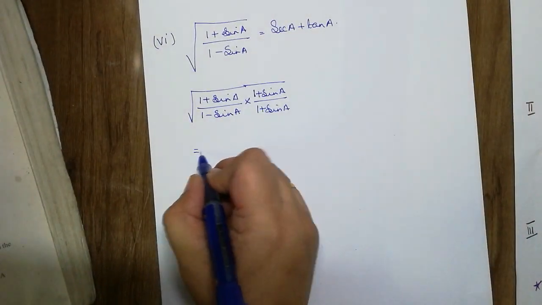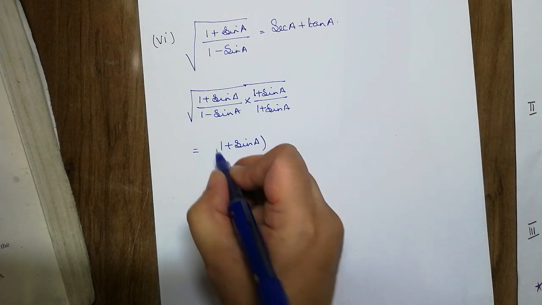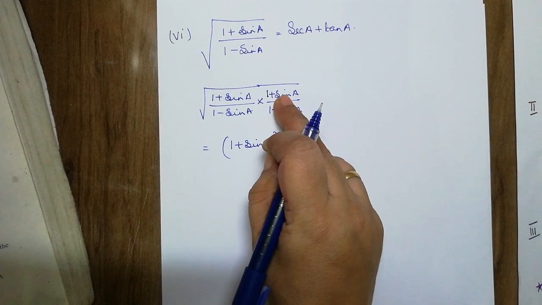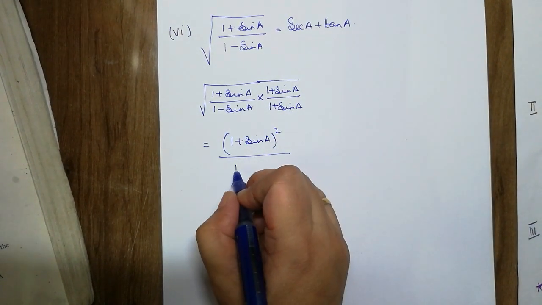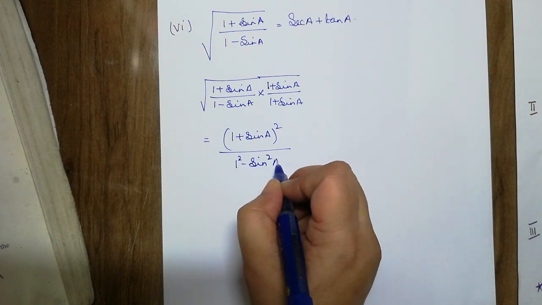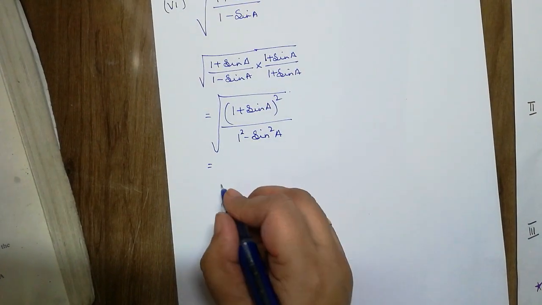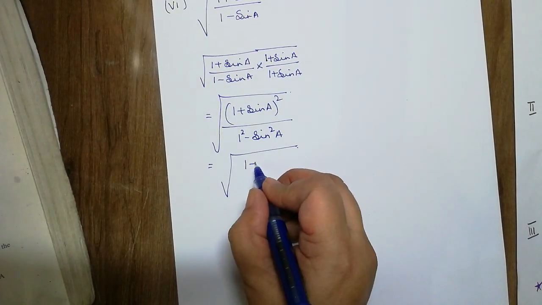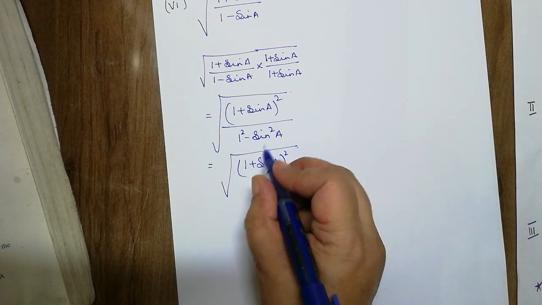Now here we get 1 plus sin a whole square. In the denominator, a minus b, a plus b will become a square minus b square, and this is under the root. Now next here, 1 plus sin a, do not expand, we can cancel the square and square root.